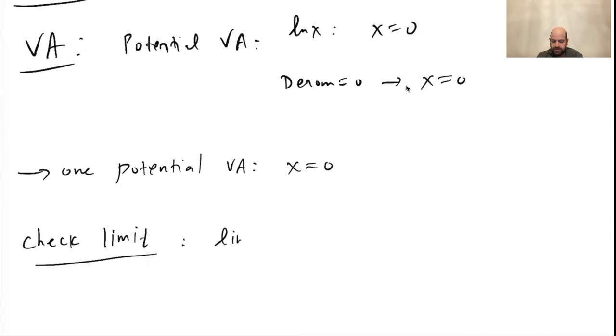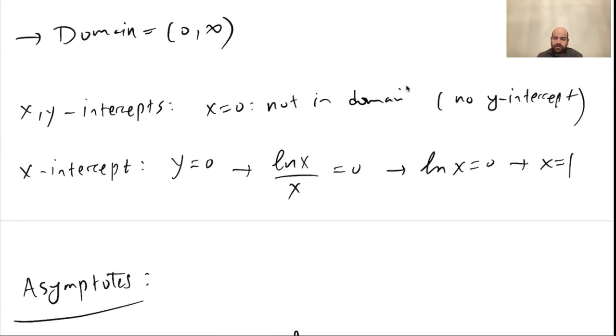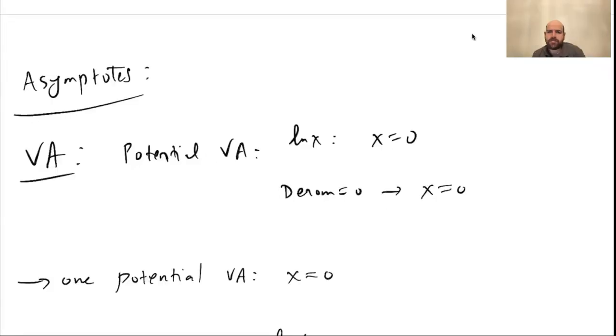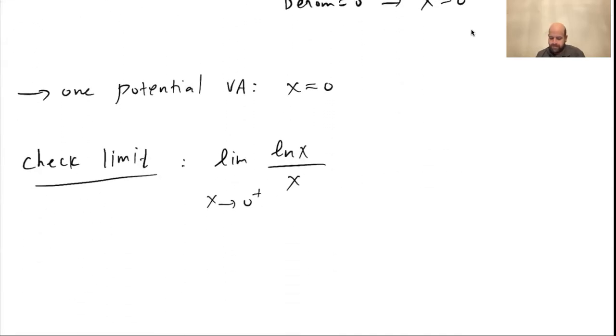So limit ln x over x as x approaches 0 from right. Because domain is 0 to infinity, so x cannot approach 0 from left. It can approach 0 from right, though. So this right limit will be limit ln x times 1 over x as x approaches 0 plus.